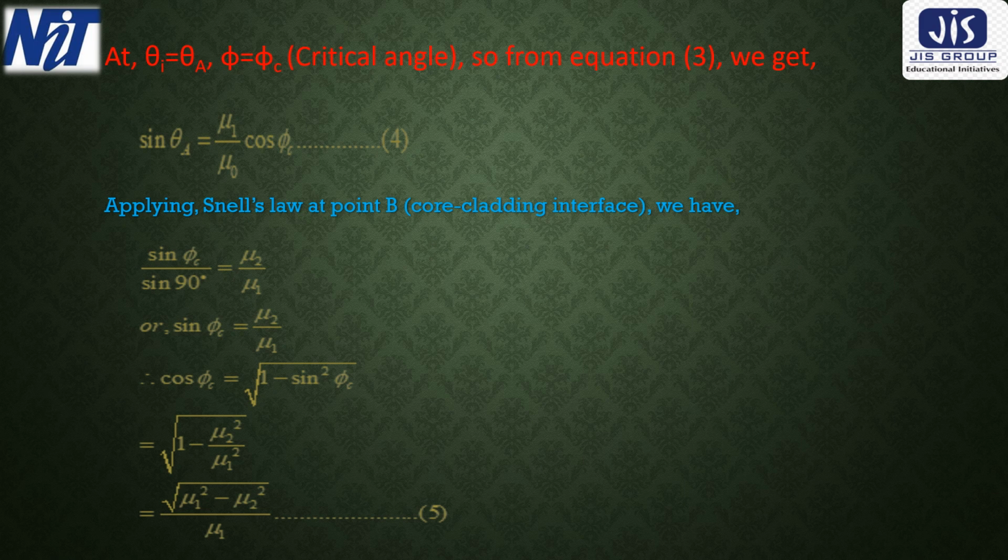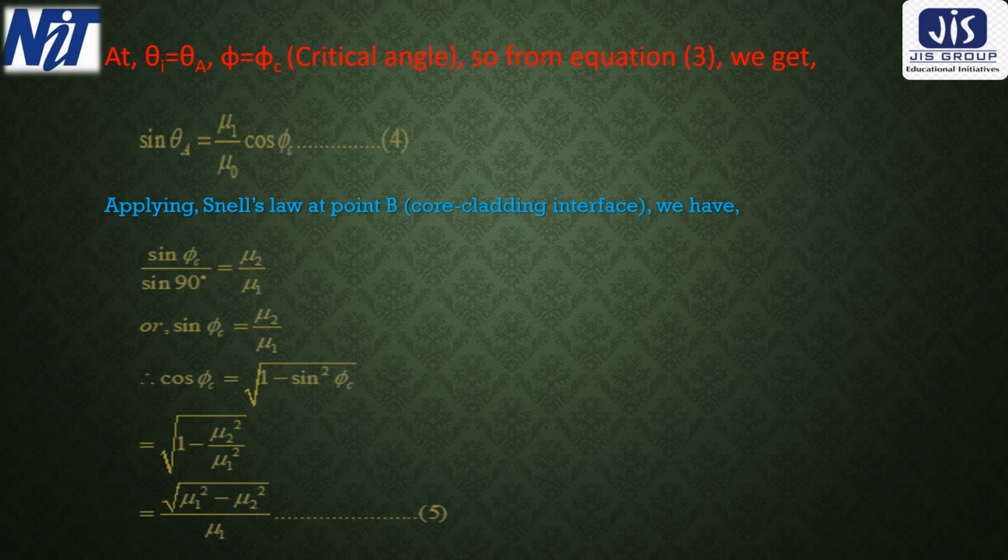Now if the ray of light AB is falling at point B, that is the core-cladding interface, such that it has an angle of incidence greater than the critical angle, then it will be totally internally reflected.